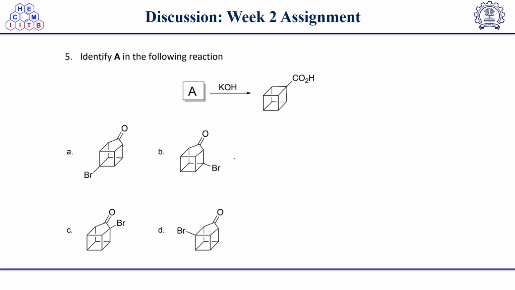So here the reaction is Favorsky rearrangement, which we already discussed in the last tutorial, in detail. For the formation of this cubane carboxylic acid derivatives, we are using the corresponding haloketones.